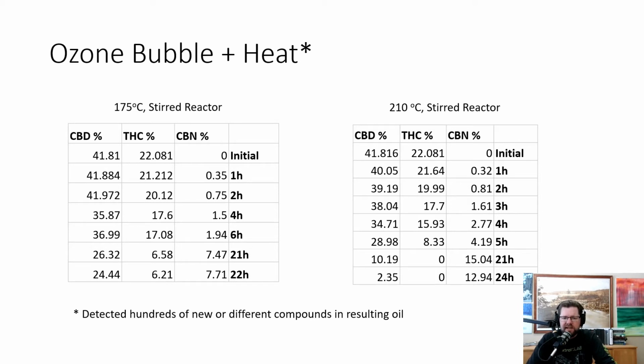You can see that it takes a long time here for THC to degrade all the way to 0. This is at 210. You can see we're losing the vast majority of the CBD. And at 21 hours, you can see that quite a bit of CBN is left in the reactor. So what if you only had like 5% THC and you were degrading it?